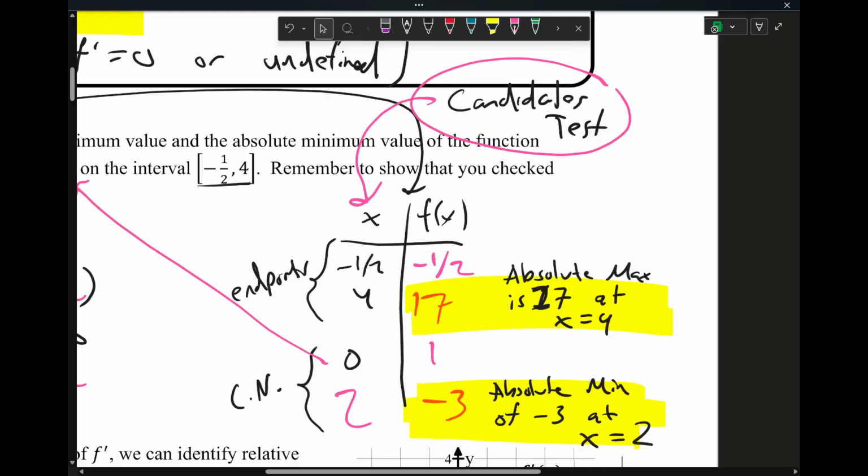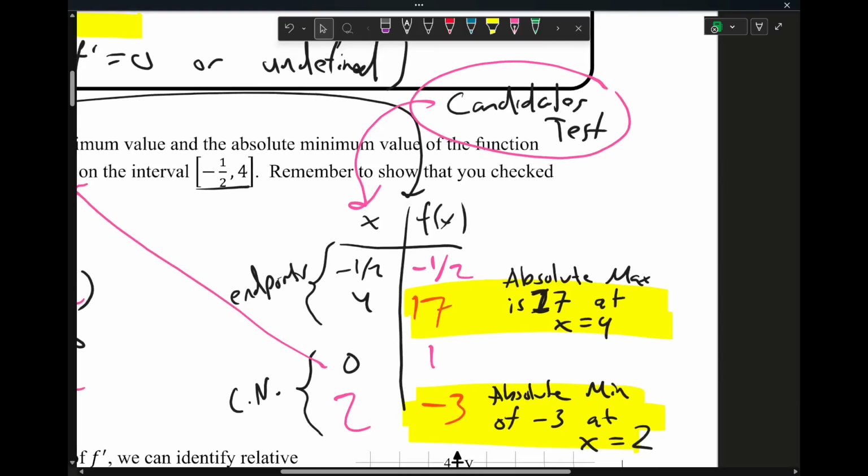So, I know we had gotten the answers to this question, but I needed to emphasize a couple things to you. And honestly, this is about the end of the notes for extreme value theorem and candidates test. I pretty much said all the stuff you needed to hear before we got interrupted.